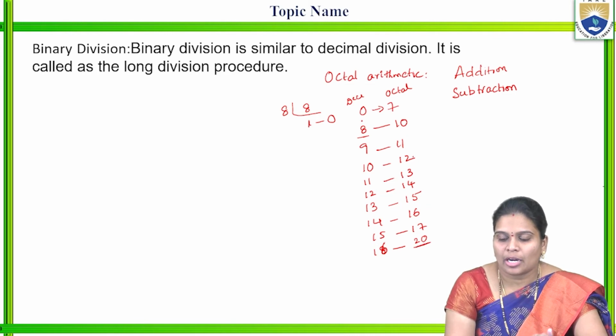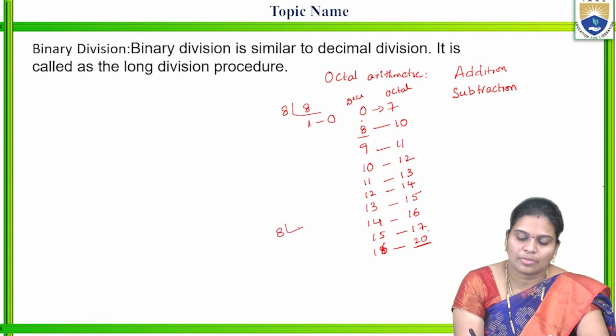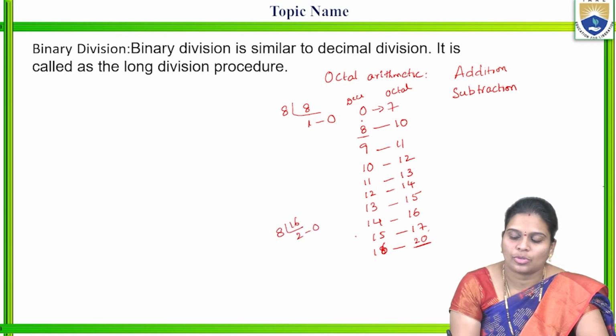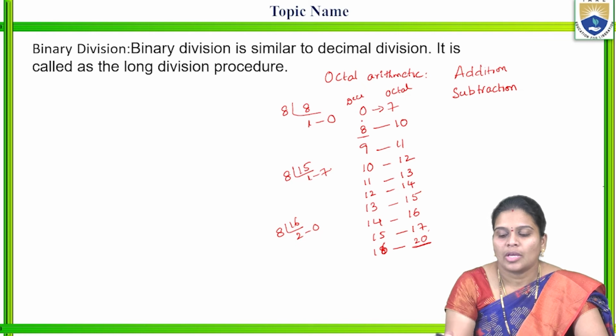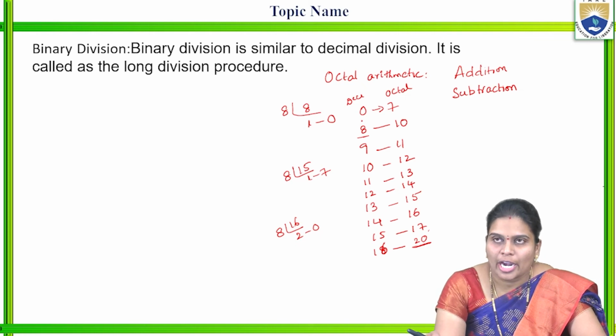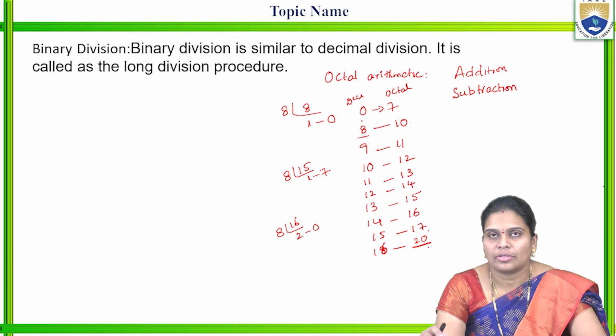In octal values we have only 0 to 7. So when we reach 16, that is 2 times 8, it is 2, 0. Whenever we add two octal values and the result is greater than 7, we get these resultant values.